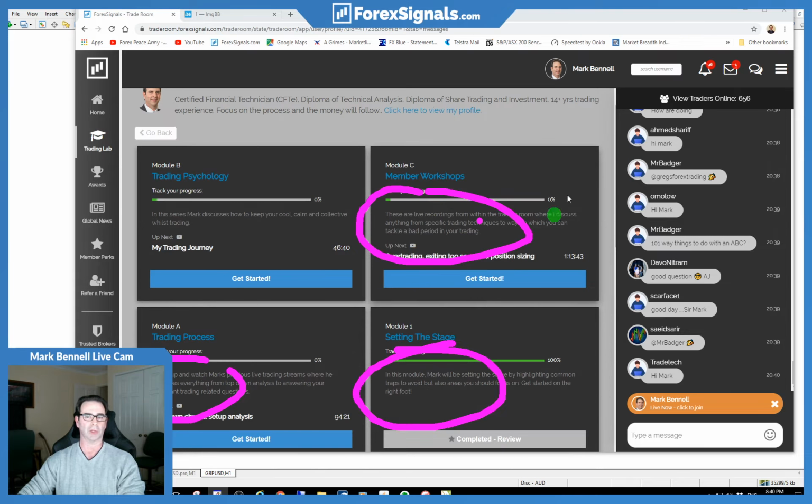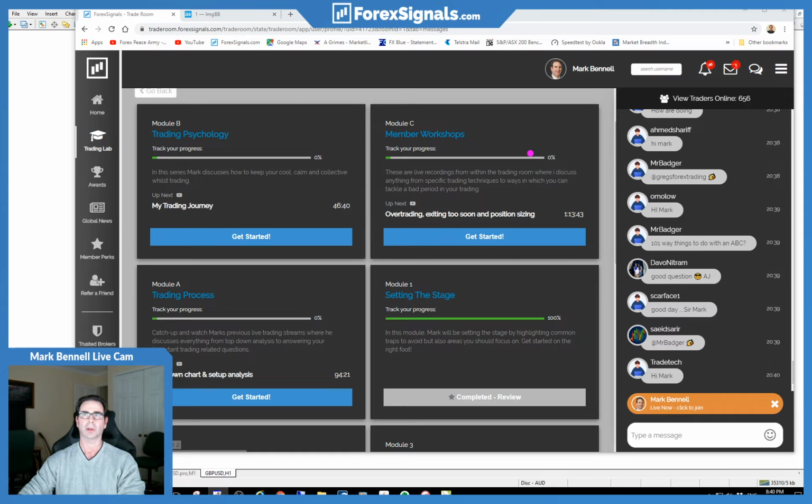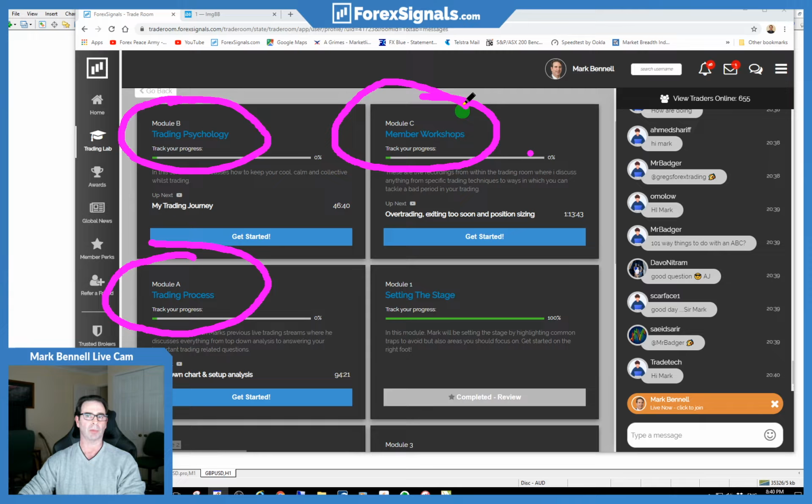Work your way through the numbered modules first, and then start with the workshop modules. Here's module A, which is everything to do with trading process. Module B, trading psychology. And module C, member workshop. So tonight's workshop will go in here.